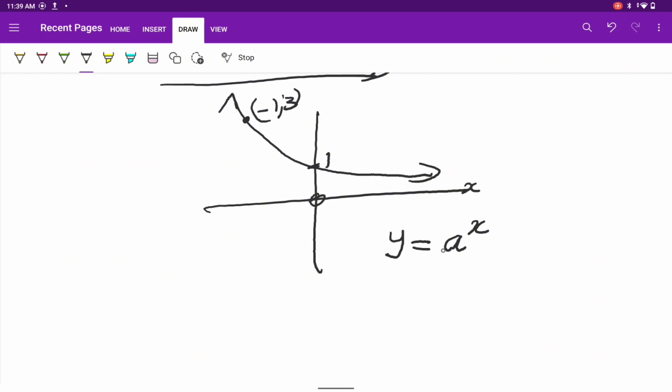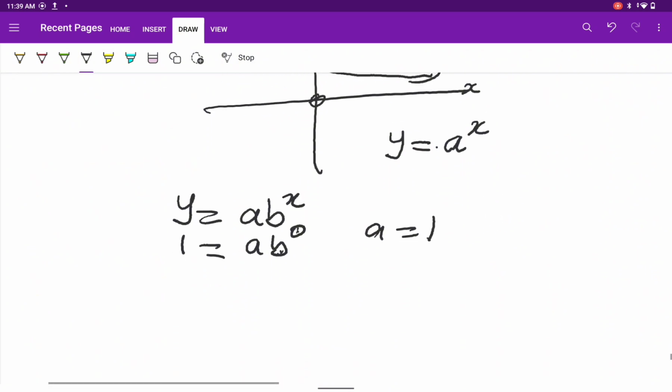Now remember, we cannot substitute this one because that one is just helping us to get the value before this one. Or if we want to, we may write it as y equals a b exponent x, and if we substitute the 1 there, the y value is 1, and the x value is 0. So b to the power 0 gives us 1, so we have a to be 1.